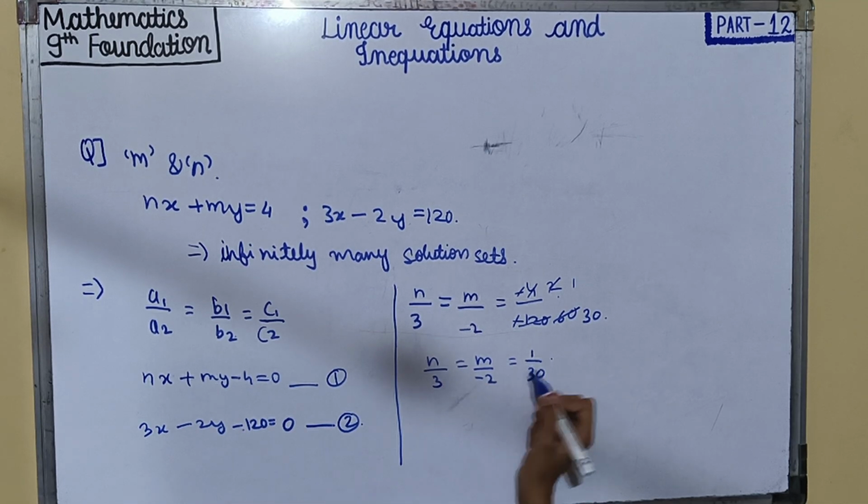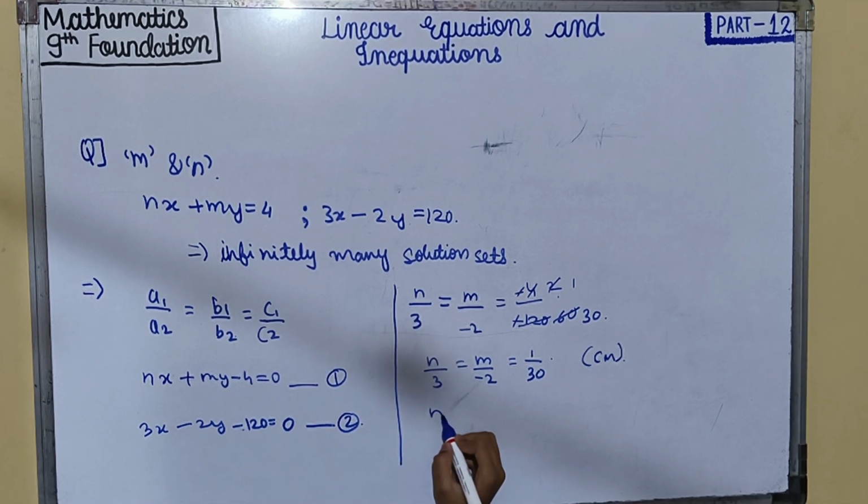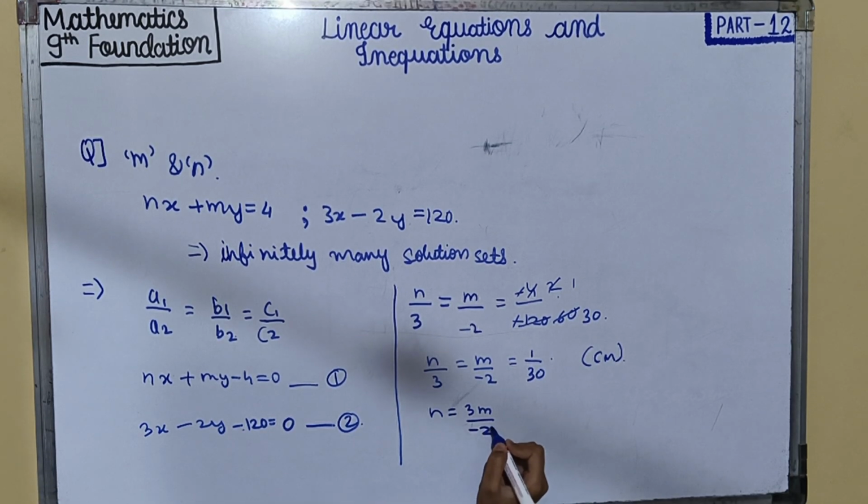Now first of all we'll find the value of n. We'll do cross multiplication: -2n would be equal to 3m. We have to find the value of n, so we'll transpose -2 to the RHS. So the value of n is 3m upon minus 2.